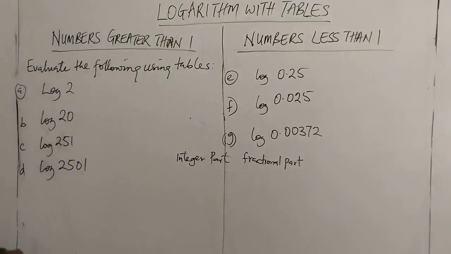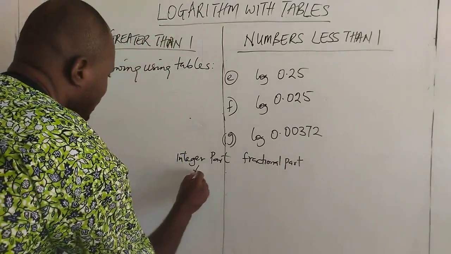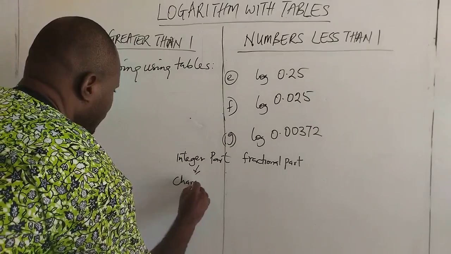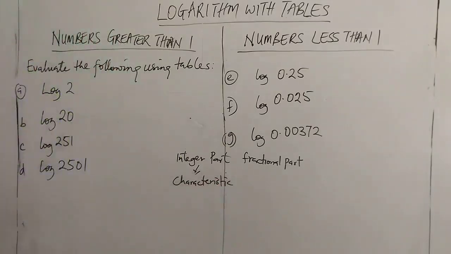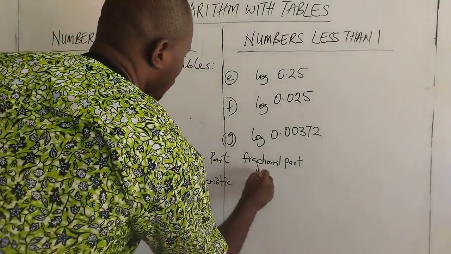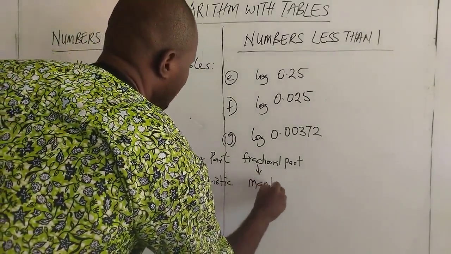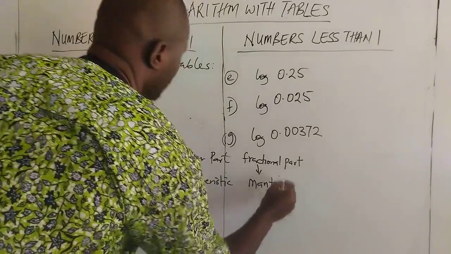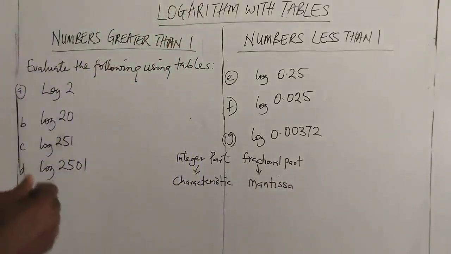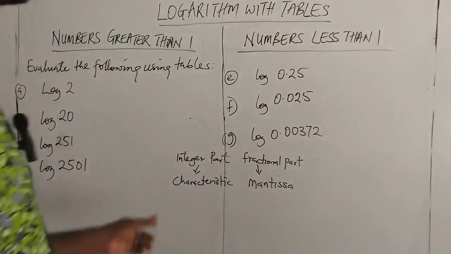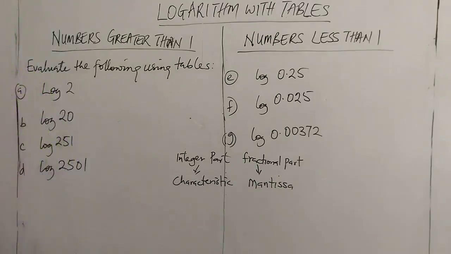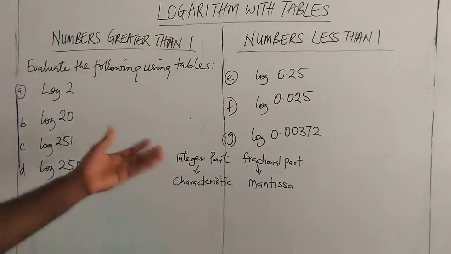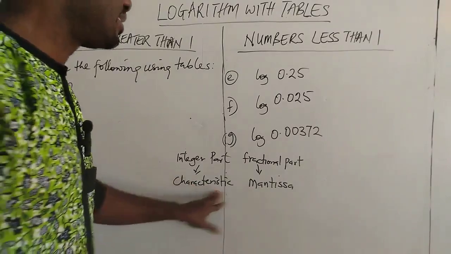The integer part I'll be referring to as characteristic, while the fractional part I'll be referring to as mantissa. So there are 2 parts of the log of any number, the characteristic and the mantissa.